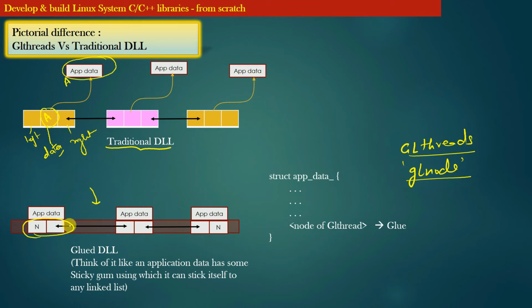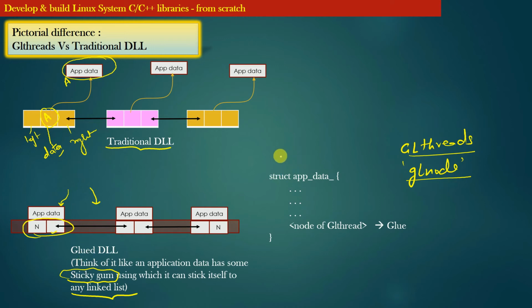So you can see that the application data is actually tightly glued with the GL node. So think of it like application data has some sticky gum using which it can stick itself to any doubly linked list. Now here doubly linked list means GLThreads. And this sticky gum is nothing but a node of a GLThread, that is GL node.